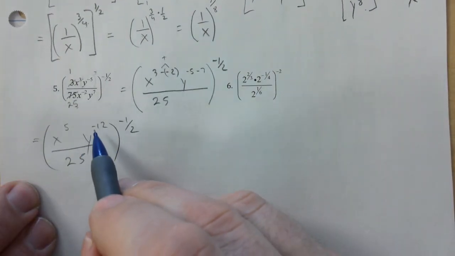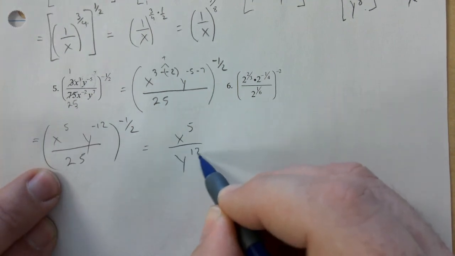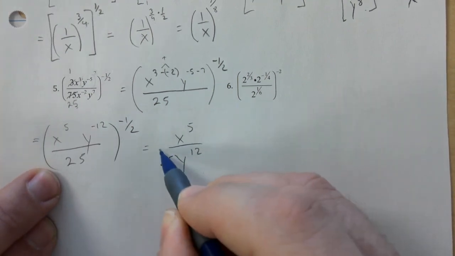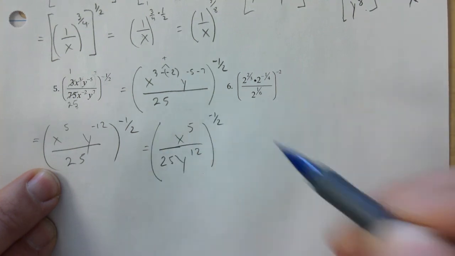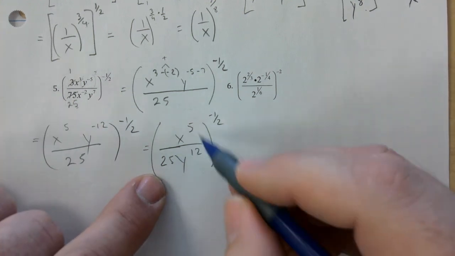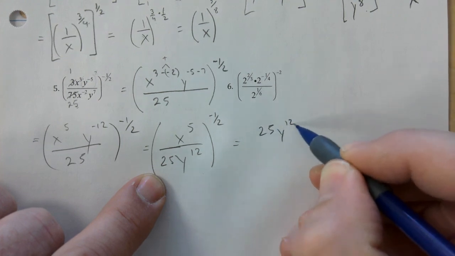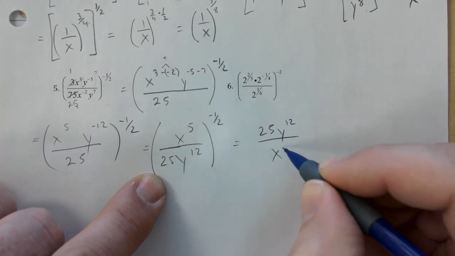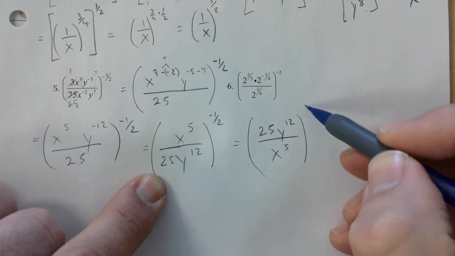I address that negative, x to the 5 over y to the 12, and the 25 is there as well. All that to the -1/2. Now that this is all taken care of, let's flip it. Everything in the denominator goes up and vice versa, right? And that whole thing to the 1/2.